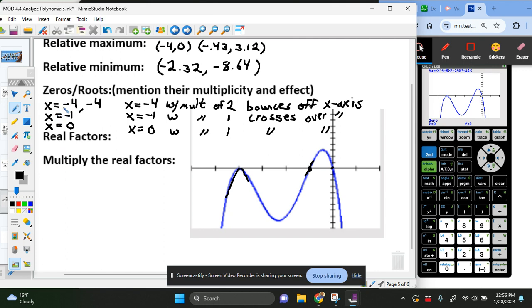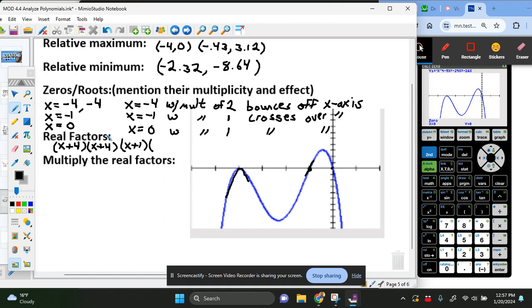So again, we have to say, okay, these are the zeros, what would the factors be? If I have a zero of negative 4, then the factor must be x plus 4. And I have 2 of those, because I have a multiplicity of 2 on that: x plus 4. For x equals negative 1, the factor must be x plus 1.